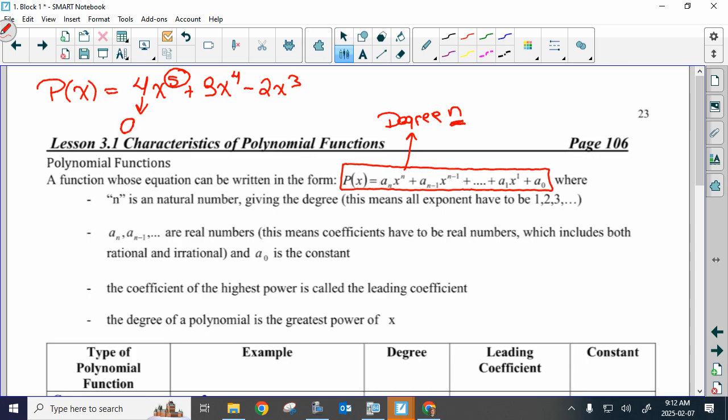So this is like my a subscript n, and then this was x to the power of n. This is just telling me the name. This is the coefficient that was on the x to the power of 5. It's the coefficient that was attached to that a value.